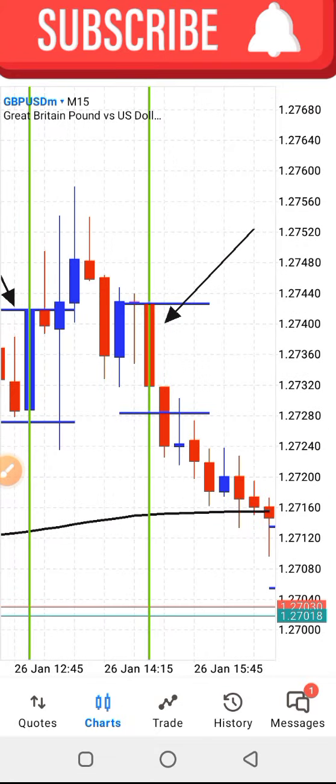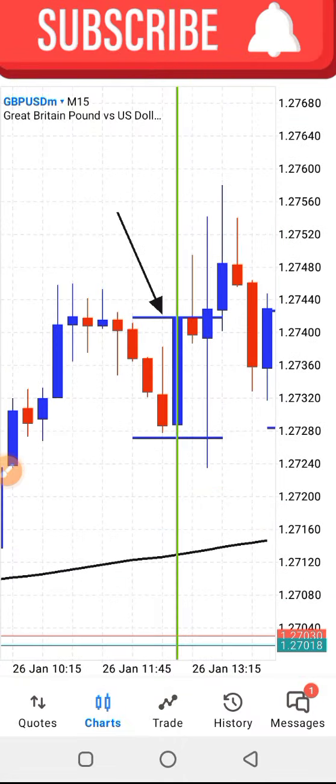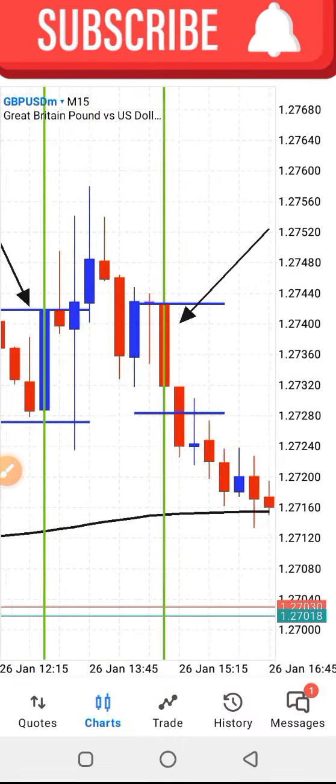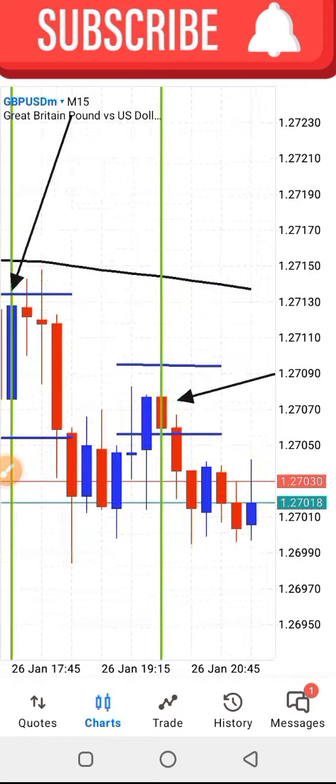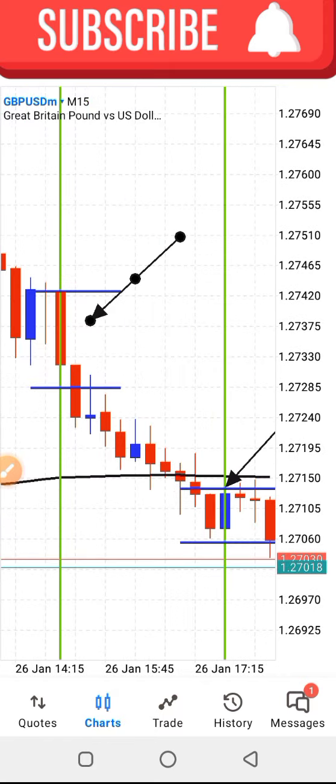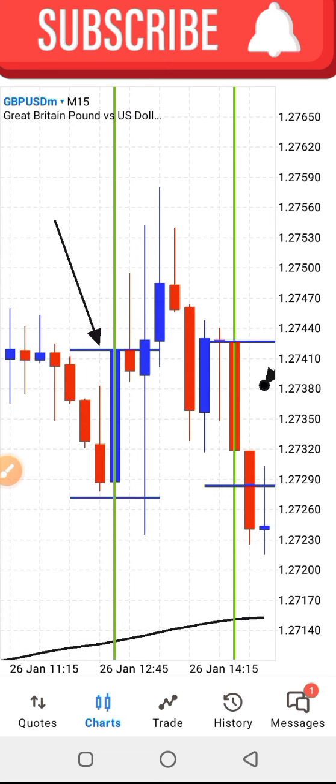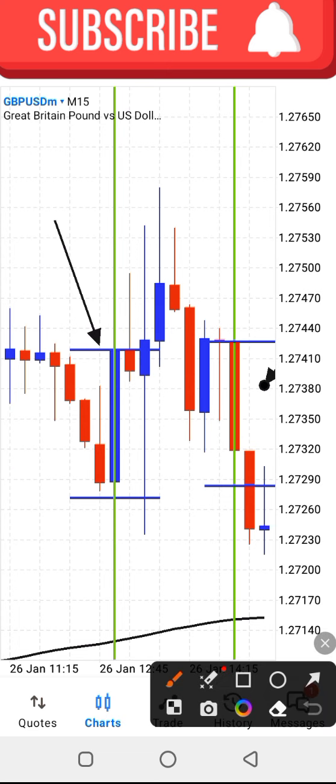Now let's go to the fourth example that I have for you. Okay, 1, 2, 3 and 4. This is the fourth one. For this fourth one, this is the 15 minutes candle. This big blue candle on your own chart is going to be green. I prefer using blue and red nowadays instead of green and red.